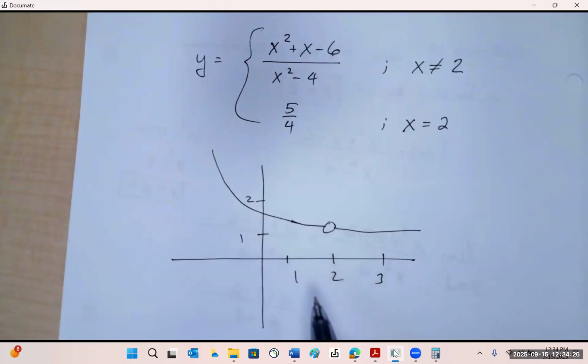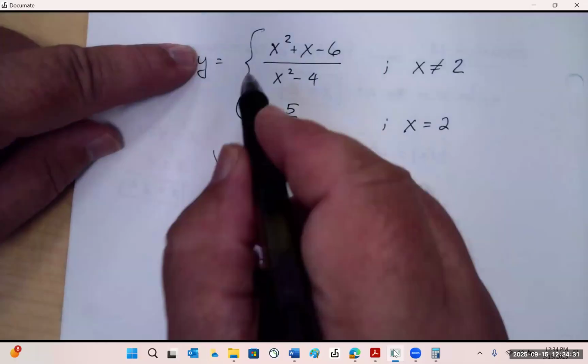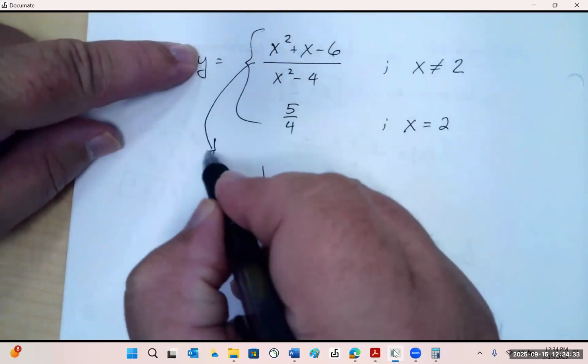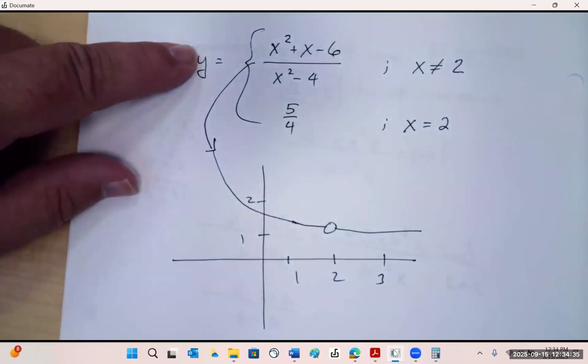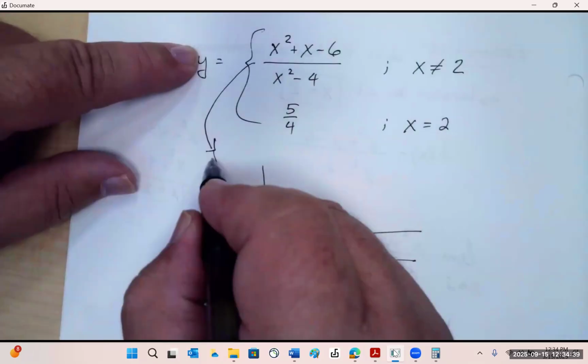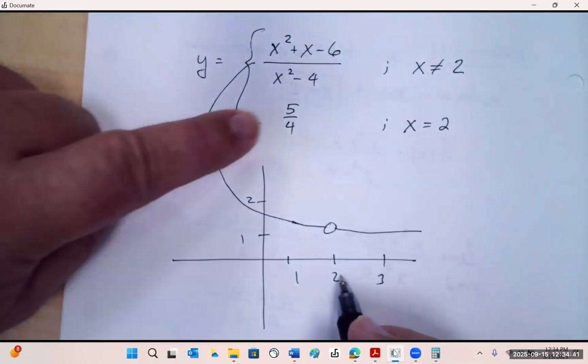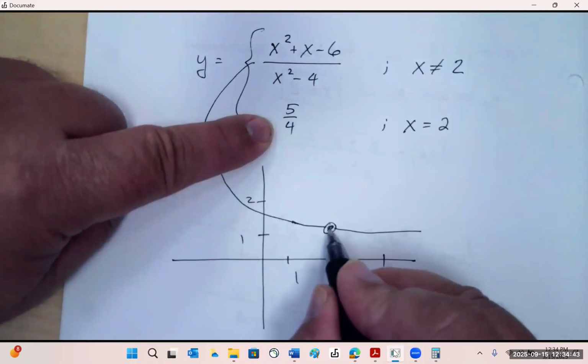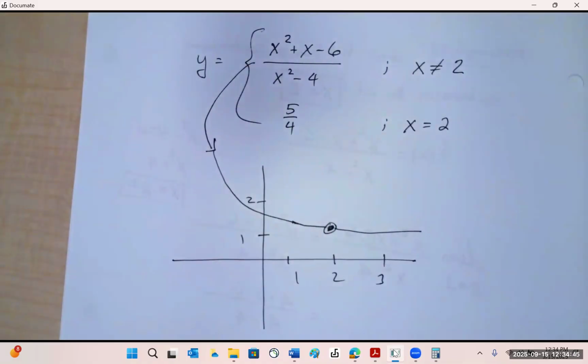This is what the graph of the function looks like. That's the top equation. Whenever x does not equal 2, that's the rest of the graph. But when x equals 2, it equals 5/4. So now it's a continuous function.